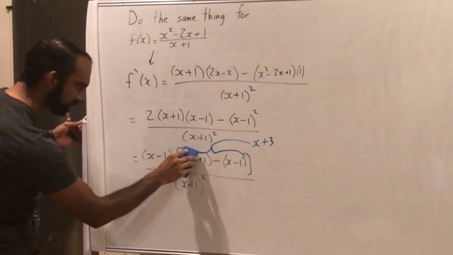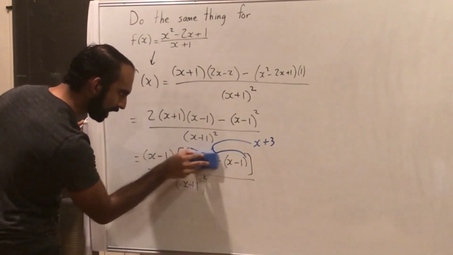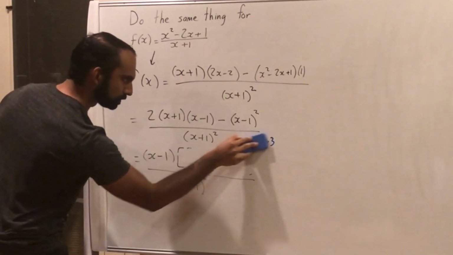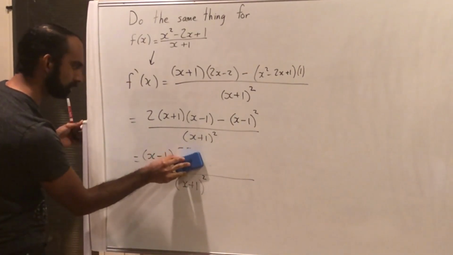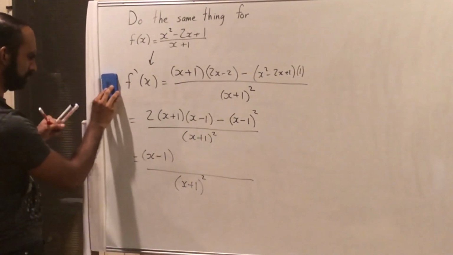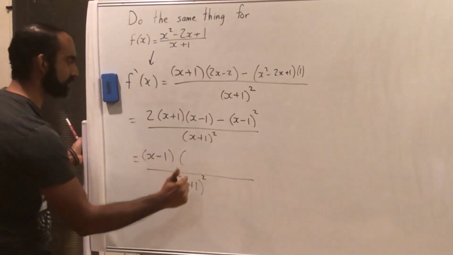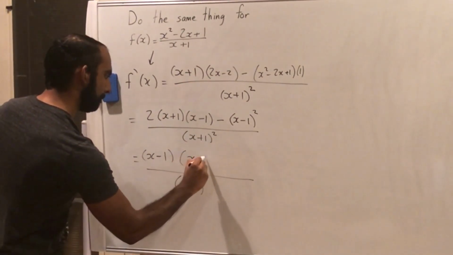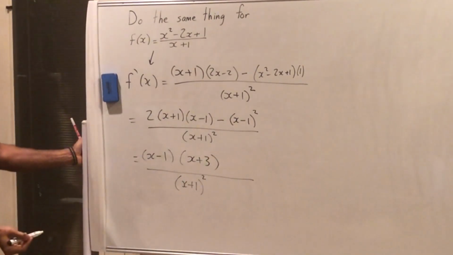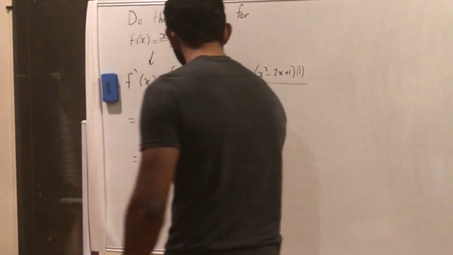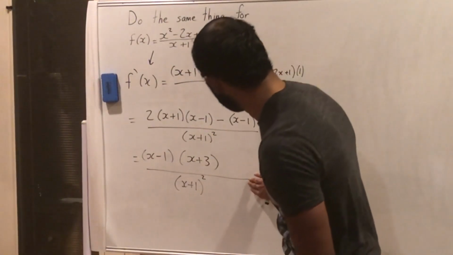So I'm running out of space here. I'm just going to replace this entire bracketed term with x plus 3. Now, isn't this much nicer to look at than the initial setup? Yes. x minus 1 times x plus 3 all over x plus 1, the whole thing squared.